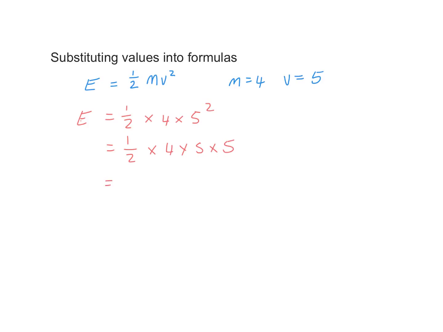If we multiply all of that out, we end up with 50. So E, which is the subject of the formula, the answer for that formula is in fact 50, because we know what m is and we know what v is. So we have solved for the subject E.